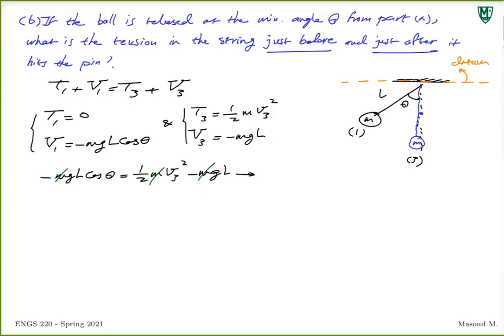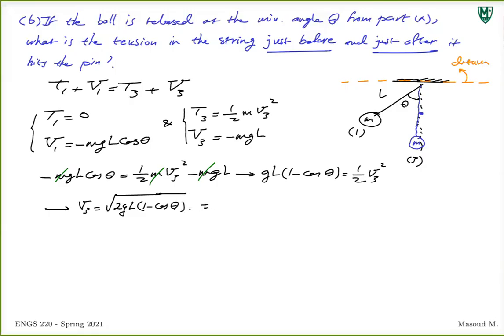You'll take gL to the other side, so you can write it as gL times 1 minus cosine theta. I'm just moving things around. There is nothing really. 1 over 2 v3 squared. So from there, you can find your v3, velocity at point 3. That would be square root of 2gL times 1 minus cosine theta.